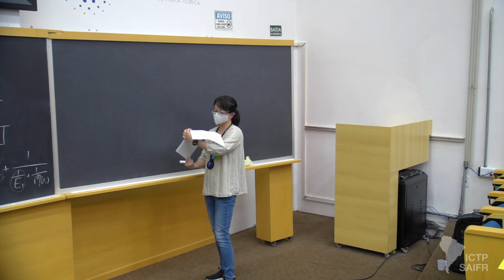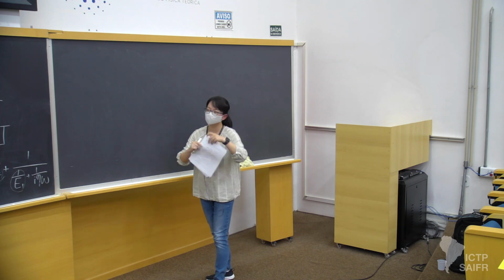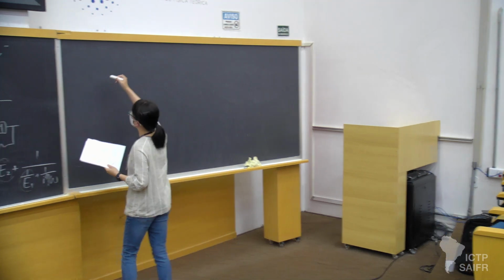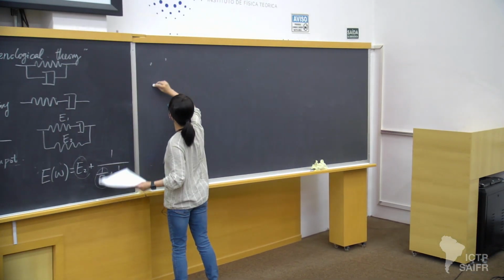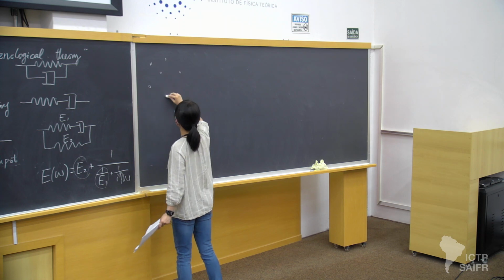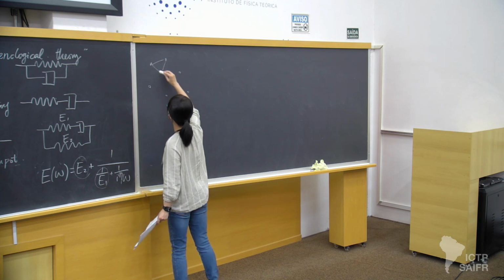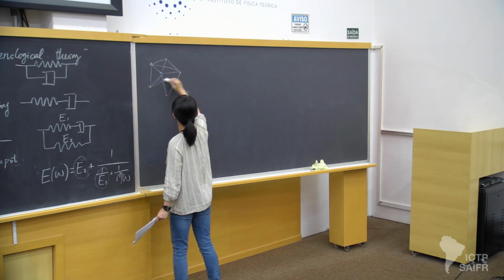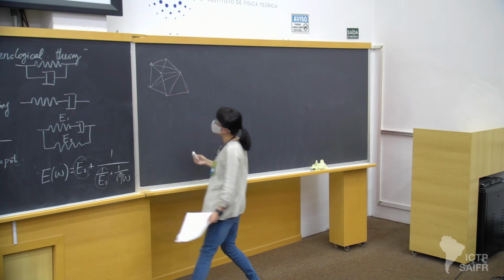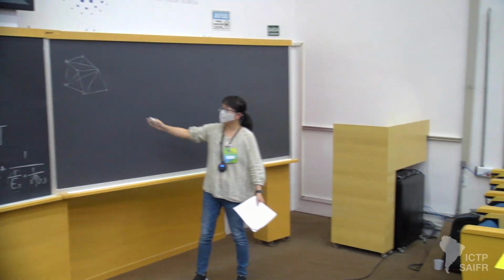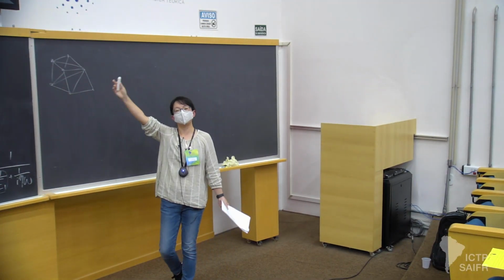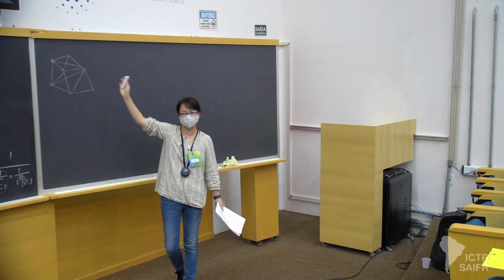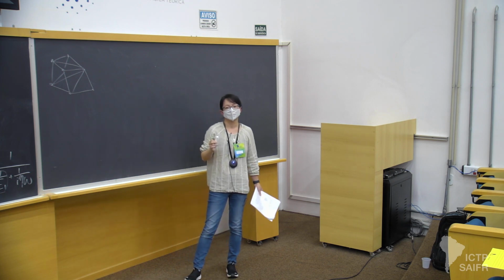We say that when you give some kind of perturbation to a system, let me just draw the network again, just some random elastic network like this. And imagine this is in a rheometer, and I try to predict its time-dependent response.